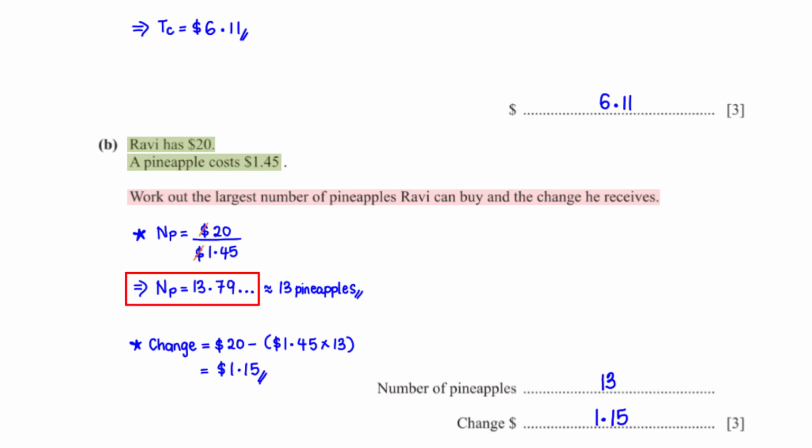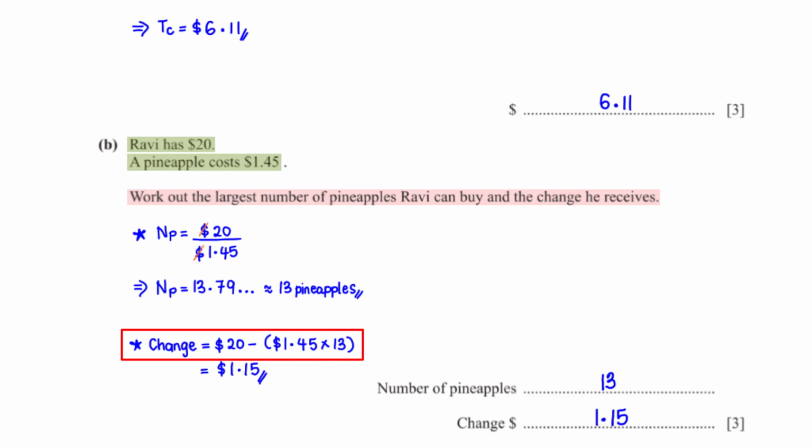This gives us 13.79. This simply means Ravi can only buy a maximum of 13 pineapples. Now that we know Ravi can only buy 13 pineapples, we get the change he receives by subtracting the total amount he spends on the pineapples, which is $1.45 times 13, from $20. This gives us $1.15.